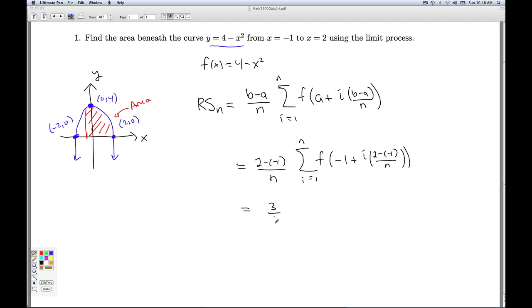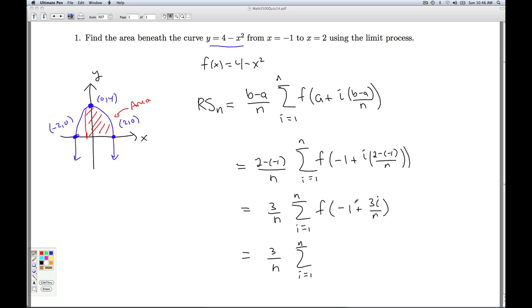So this is 3 over n times the summation, i goes from 1 to n, f of (-1 plus 3i over n), which is 3 over n times the summation, i goes from 1 to n.